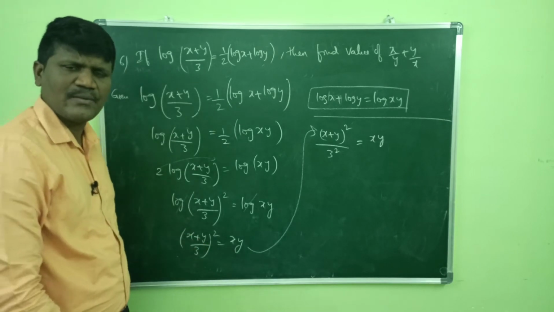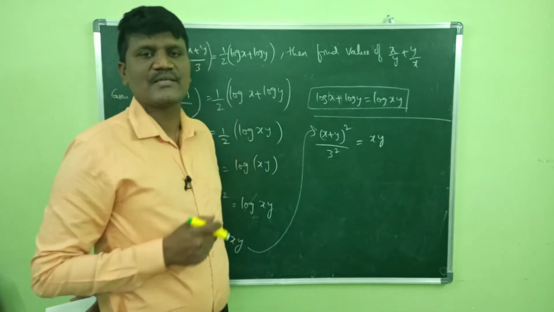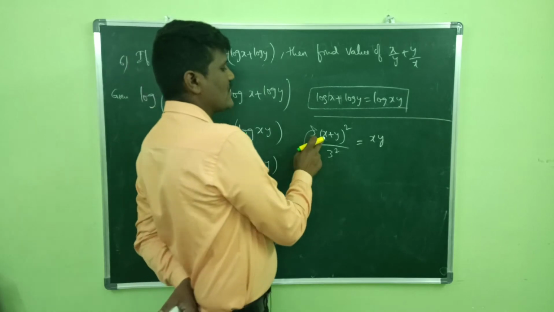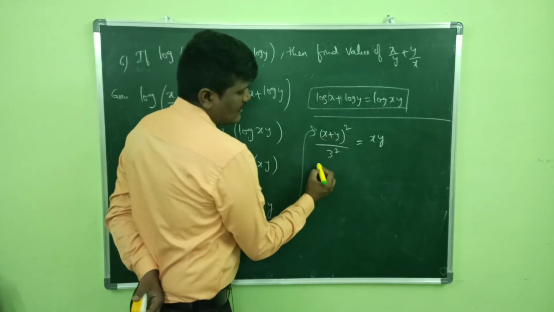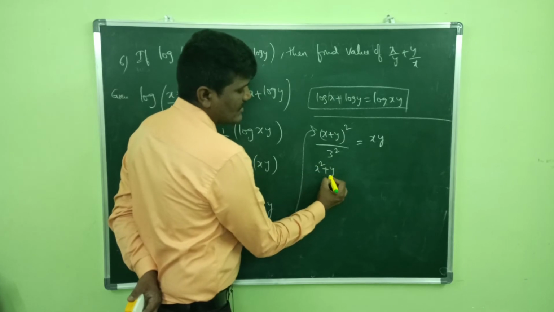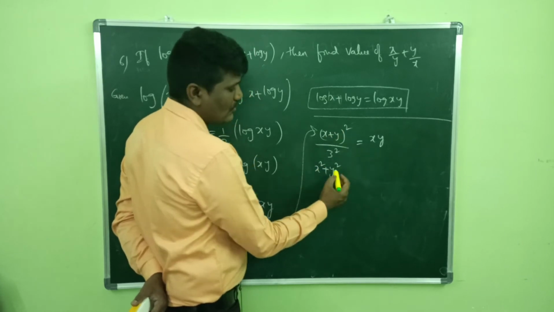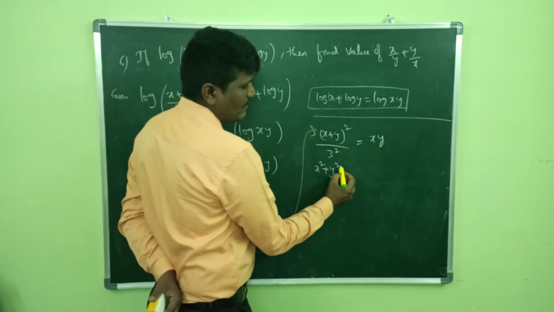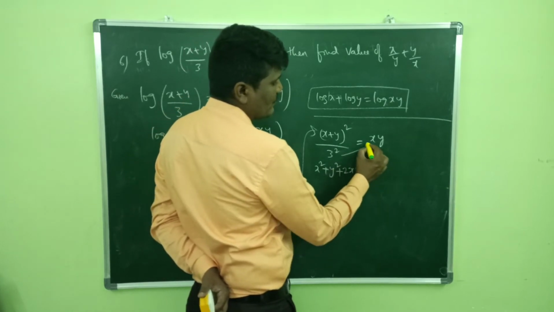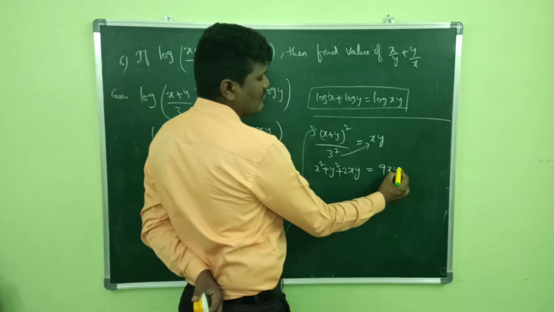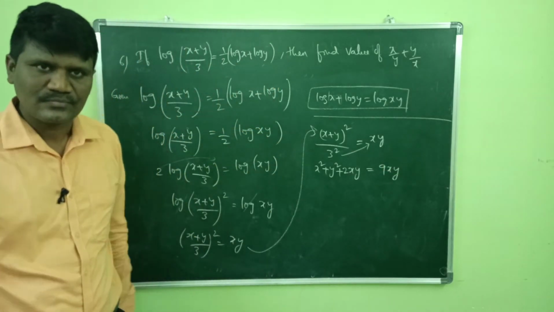You know that a by b whole square is equal to a square by b square. In the same way, x plus y whole square by 3 square. The formula for x plus y whole square is x square plus y square plus 2xy, is equal to, if I send this one, it will become 9xy.